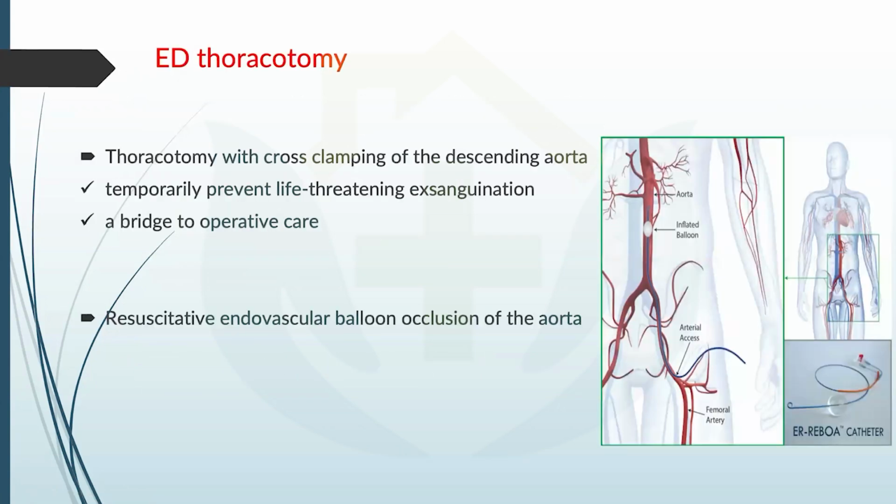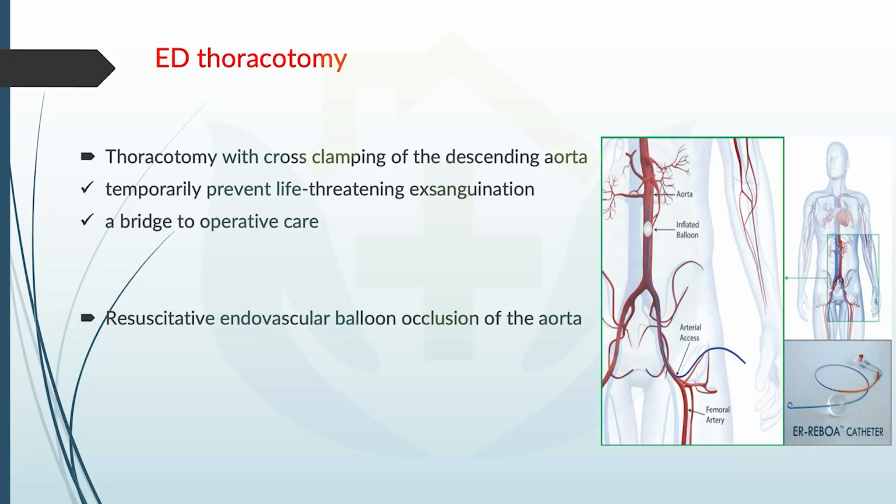And there is a limited role of ED thoracotomy. If the patient has come to the emergency department with signs of life, but in front of you the patient just collapses or goes into asystole, that is an indication for emergency thoracotomy. You have to open the chest and go for cardiac massage. Why would that happen?